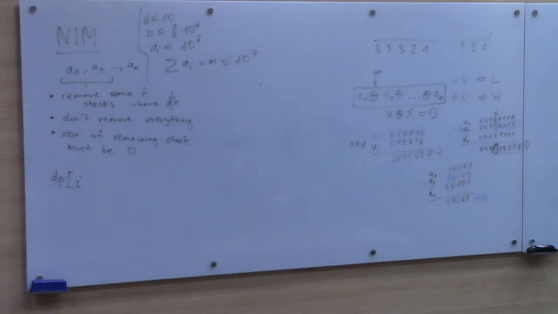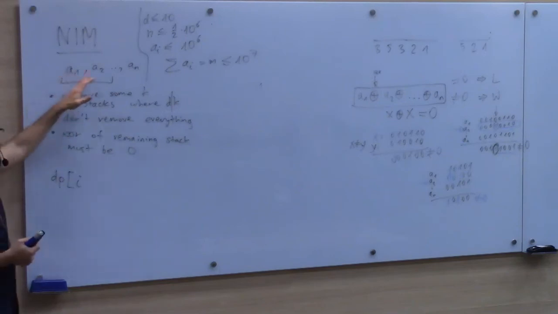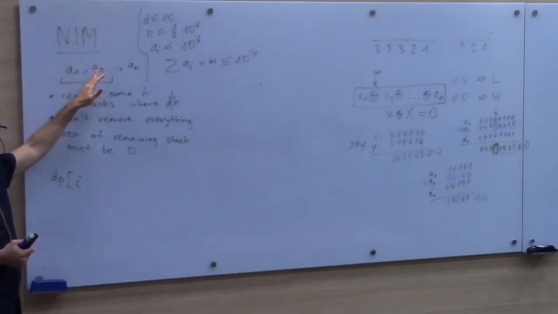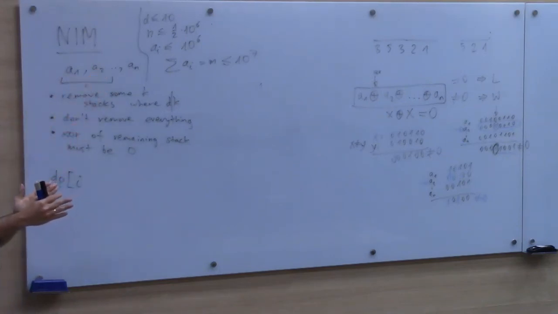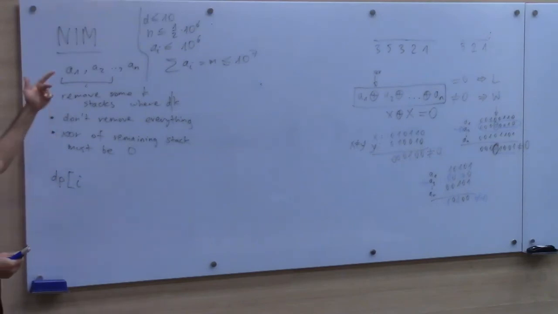But we still need to maintain a little bit more information about these stacks, because we need to control that the number of stacks which we removed is divisible by d. So basically it boils down to controlling the remainder of the number of stacks we already removed.